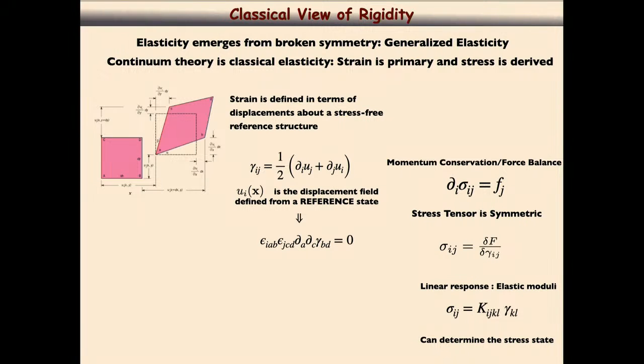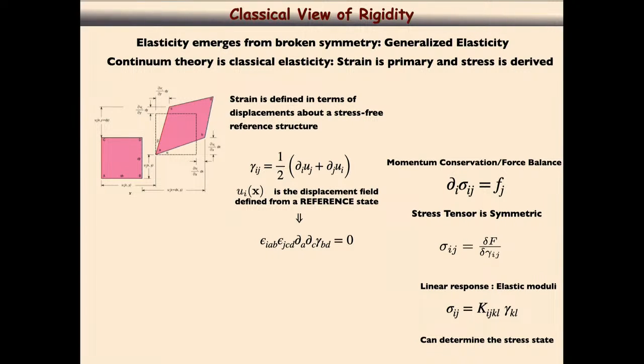Stress is derived by taking the derivative of a free energy with respect to the strain tensor, and momentum conservation of course applies. In these cases, momentum conservation is just that the divergence of the stress tensor is whatever the external force is. There is no time derivative of momentum here.